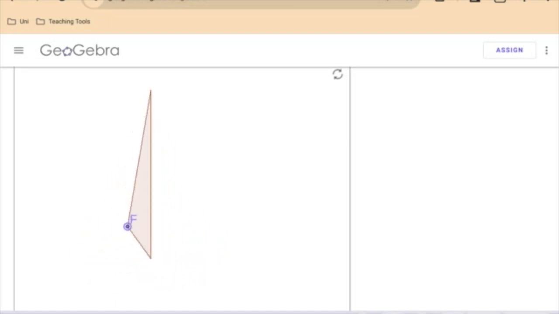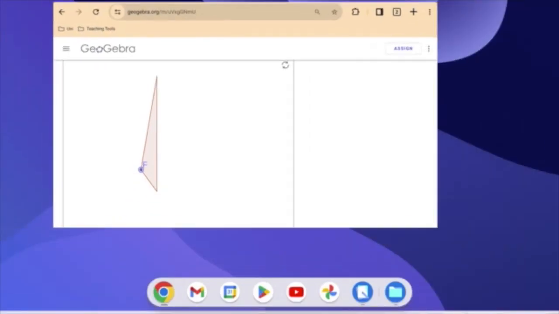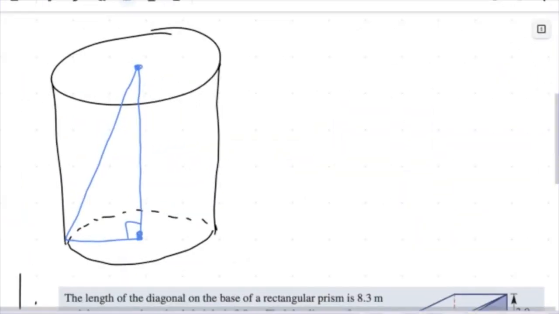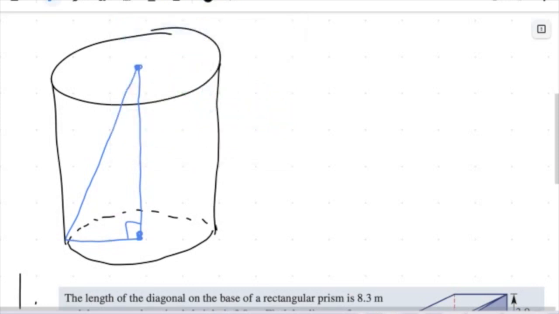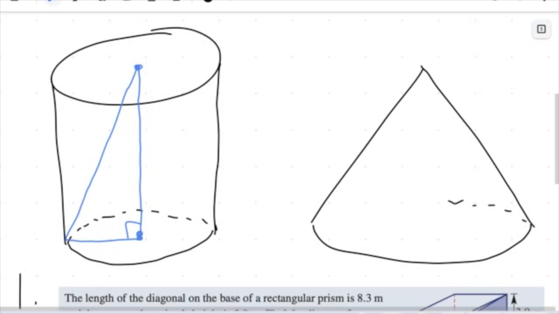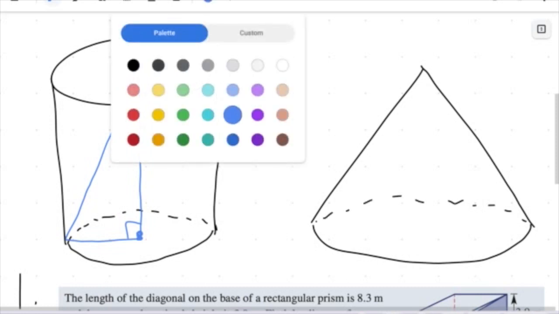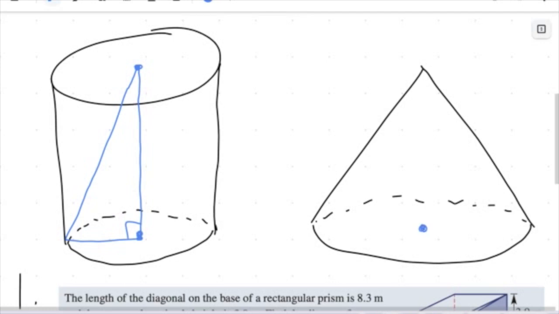Now this is actually a cone. This is a 3D cone. If I draw my cone over here, I can see that my right angle triangle is always present in here.